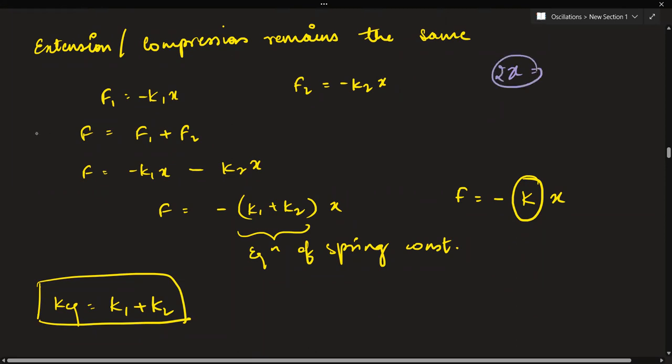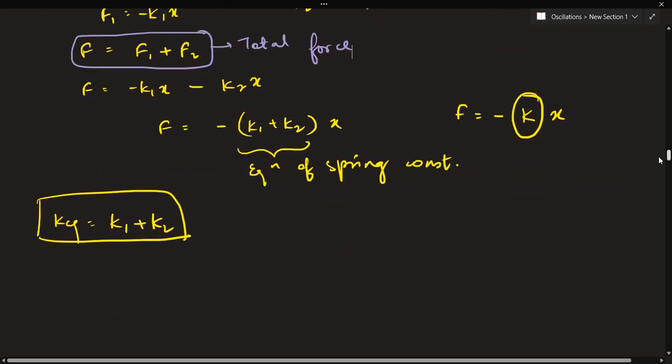What we can do is write the total force of the system. Then simply you will get K1 plus K2 multiplied by X. So if there are n number of springs, just add all the spring constants. That will give you the spring factor value for the spring-mass system. Understood? Yes, ma'am. All right.